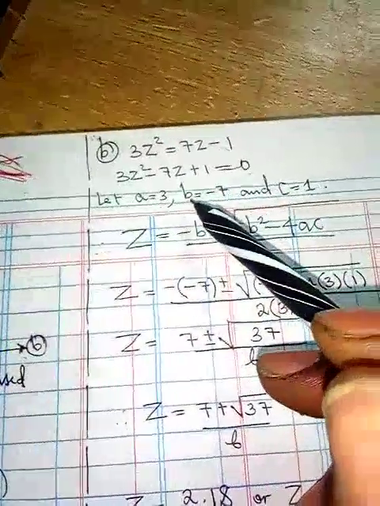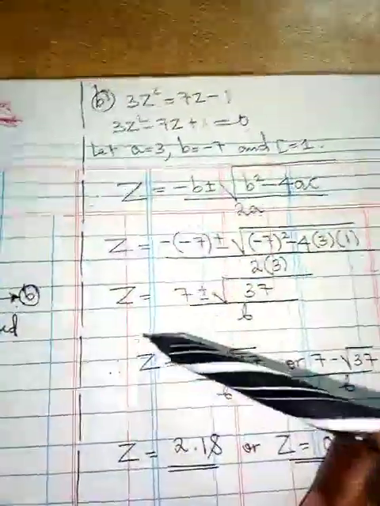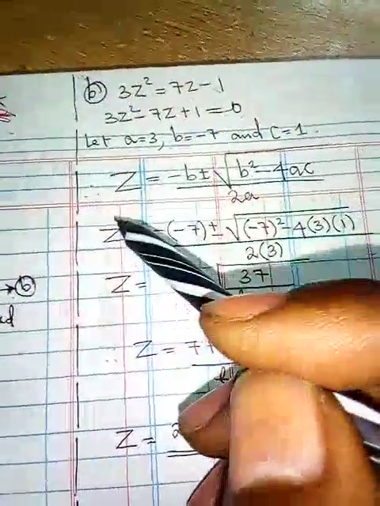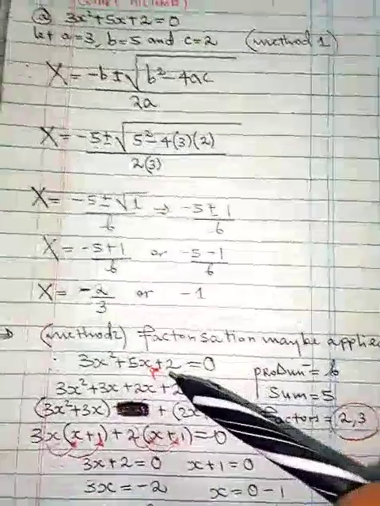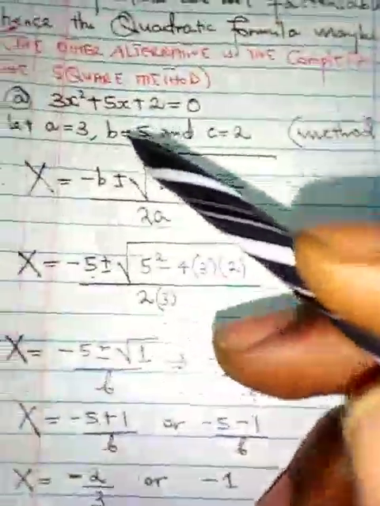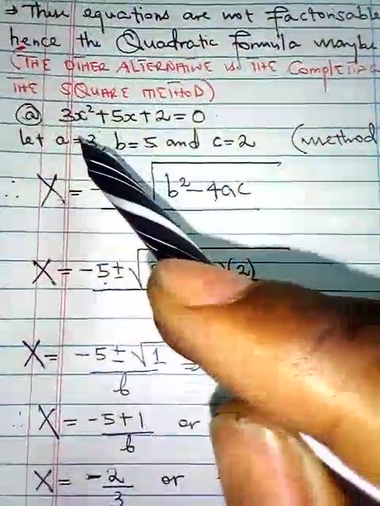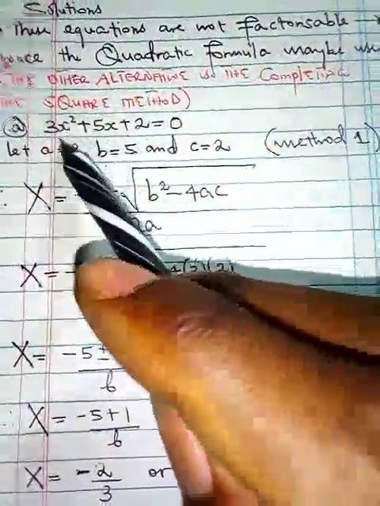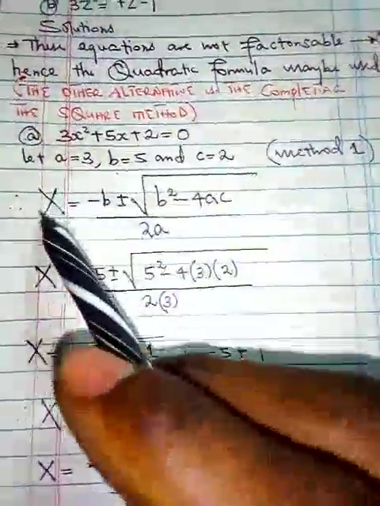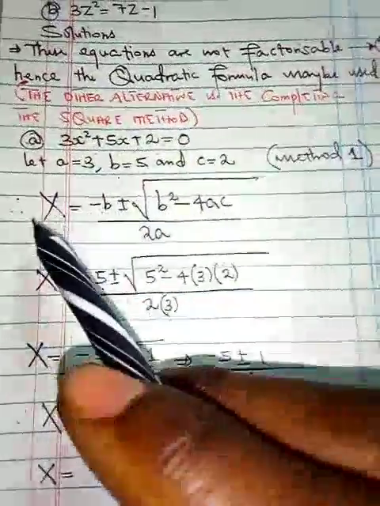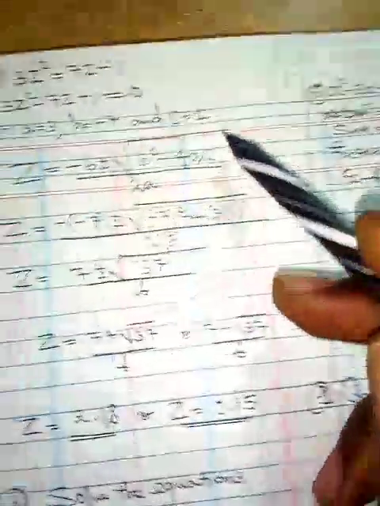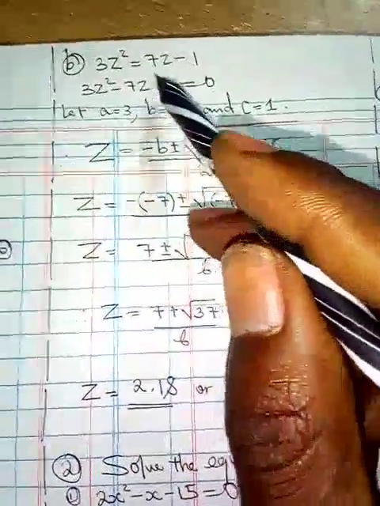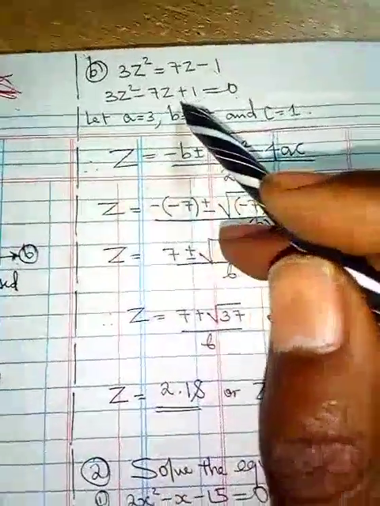Same thing. In the previous problem, we had x, because x was something we were working out. If you notice, it was 3x squared plus 5x. There was x everywhere, so because there was x, we chose to express the quadratic formula in terms of x. But in this problem, we are not having x here, we are having z.